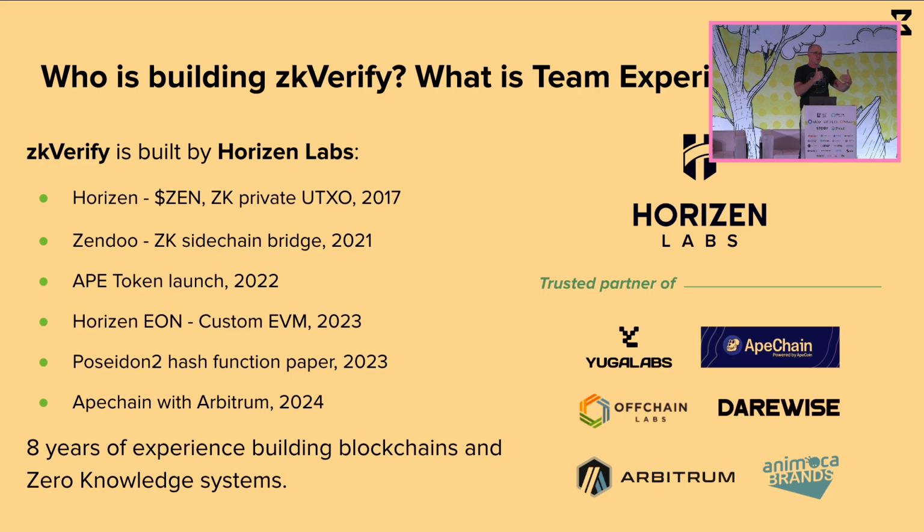One of our cryptographers was a key contributor to the Poseidon 2 hash function paper, for you ZK technology geeks. Poseidon 2 is a pretty advanced hash system. And then last summer, we got into the middle of DeFi and Web3 by working with the Ape DAO to bring ApeChain onto Arbitrum as an Orbit chain. So we're experienced in a lot of different aspects, specifically with zero-knowledge proofs and with blockchains.